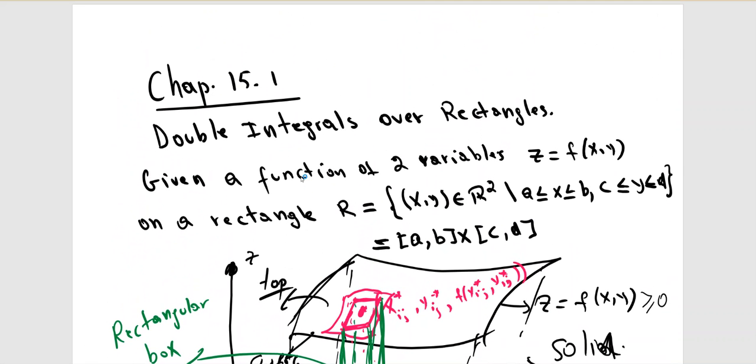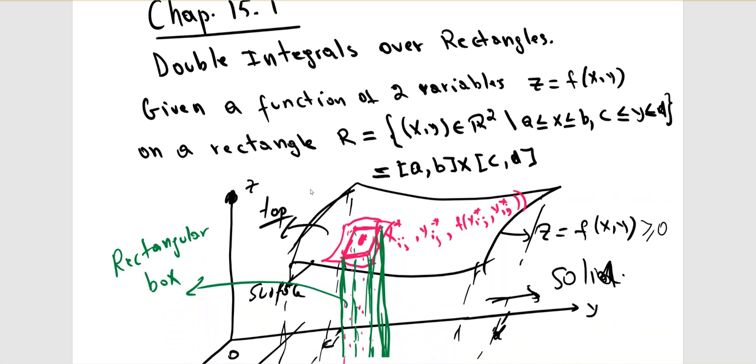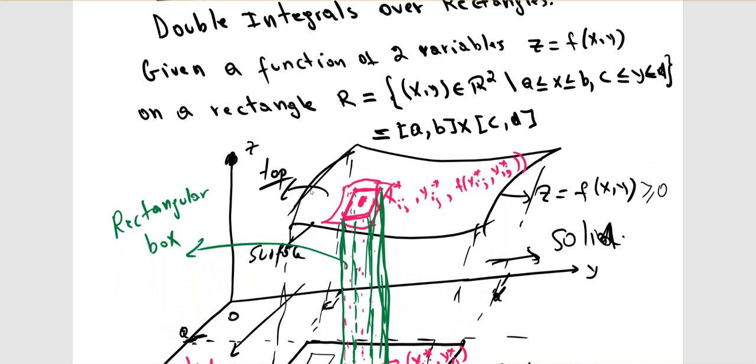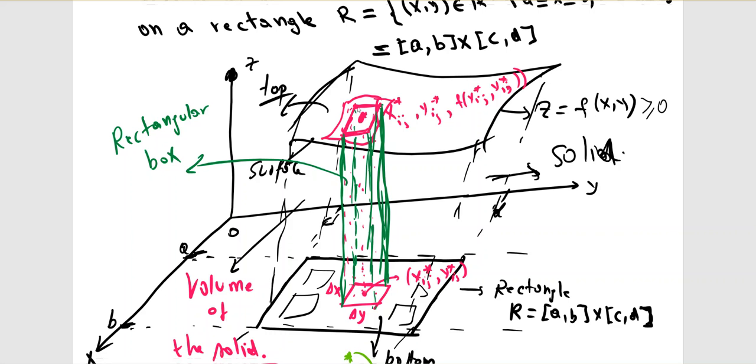We're on section 15.1, which is basically double integrals over a rectangle. The idea here is that you want to find, for example, the volume of this object.